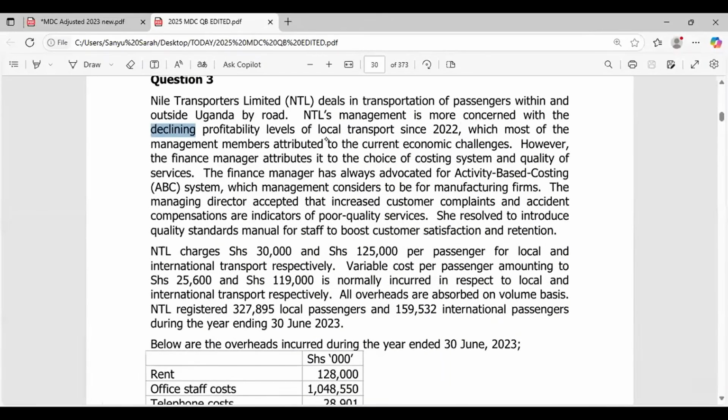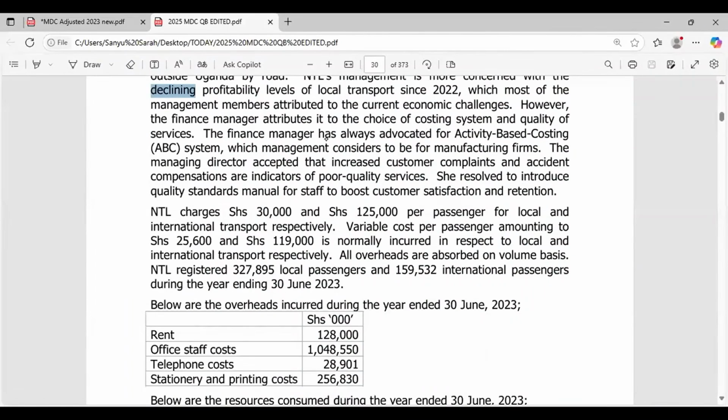So here they told us that Nile Transporters Limited, NTL, deals in transportation of passengers within and outside Uganda by road. NTL's management is more concerned with the declining profitability levels of transport since 2022, which most of the management members attributed to the current economic challenges. However, the finance manager attributes it to the choice of costing system and quality of services.